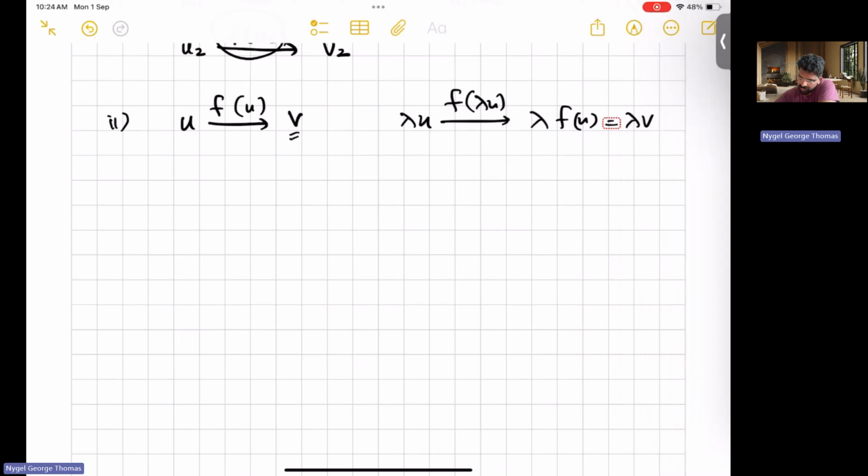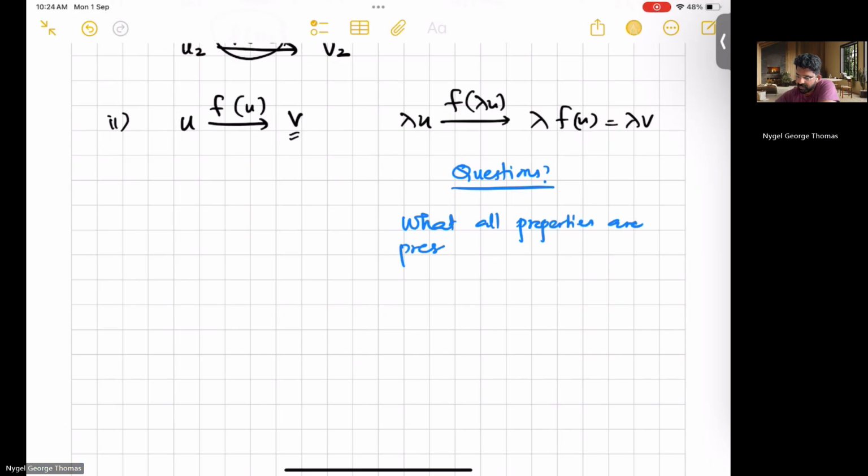So, some of the key questions: what all properties are preserved after linear transformations?